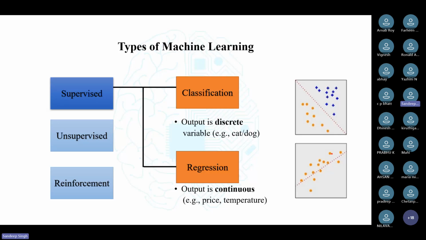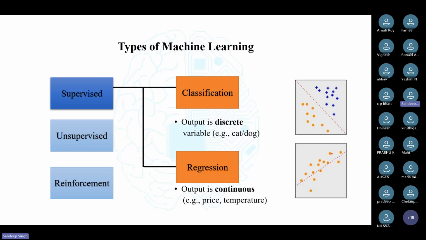In classification, we have two different classes, or as many classes as we want, but every class has a unique output, like cat, dog, horse, or any number of animals we want to classify into different categories. But in a regression problem, the output is continuous, like the price of a stock or the temperature of a region.